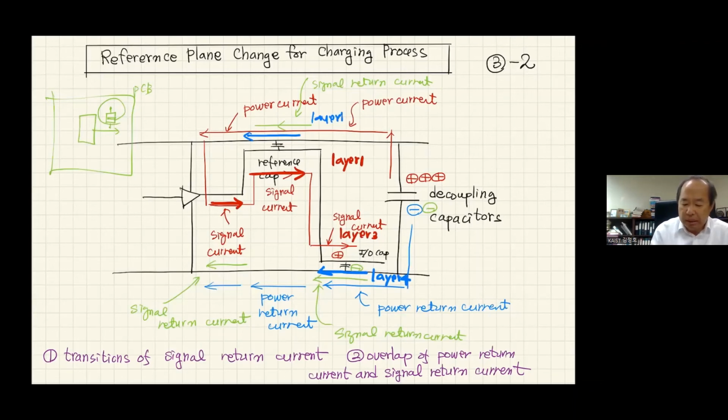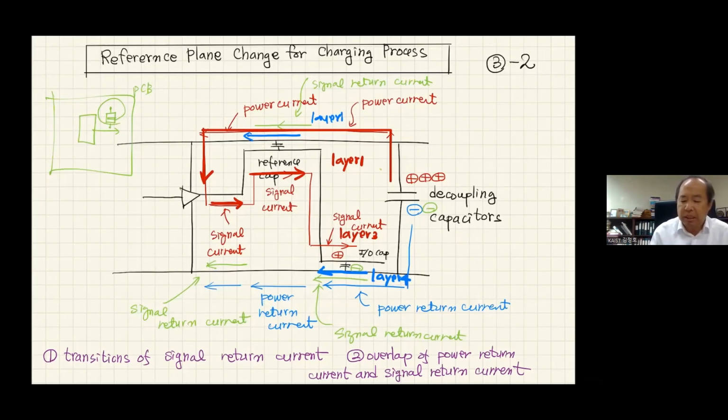Meanwhile, this capacitance has to charge off from the decoupling capacitance, and it will be connected to the signal current through the PMOS transistors. And this power return current has to go through somewhere else.